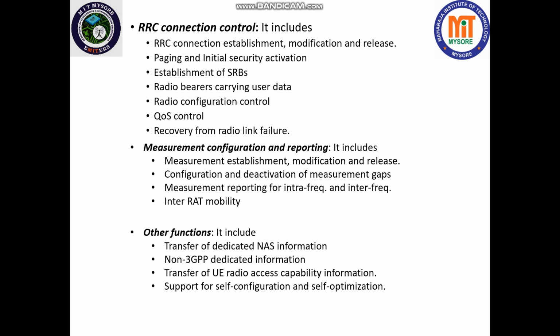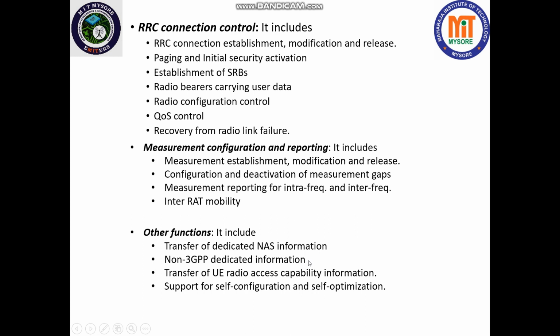2G is not available. So what is the strength of that particular signal? That measurement will be communicated. Okay. Next, the other functions include transfer of dedicated NAS information. As I have said, NAS means non-access stratum information, non-3GPP dedicated information.